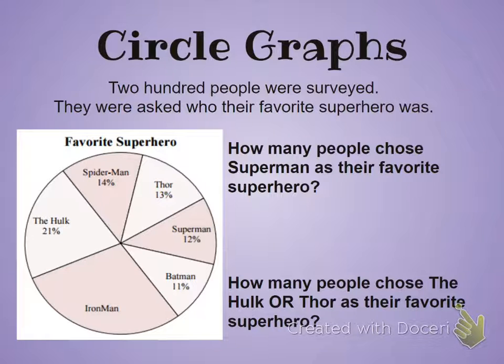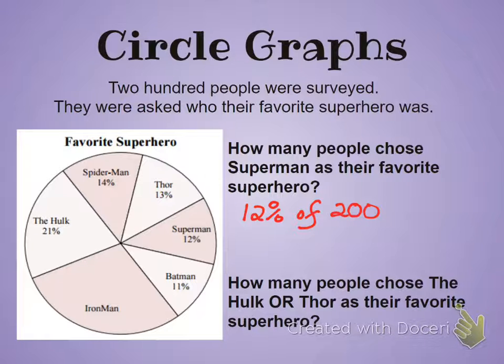Well, first of all, what percent of the people chose Superman? 12%. So we know it's 12%, but we don't know how many people that is, because that's a percent, not a number. So it's 12% of what? Of 200, because 200 people were surveyed. You had to pay attention to that part of it.